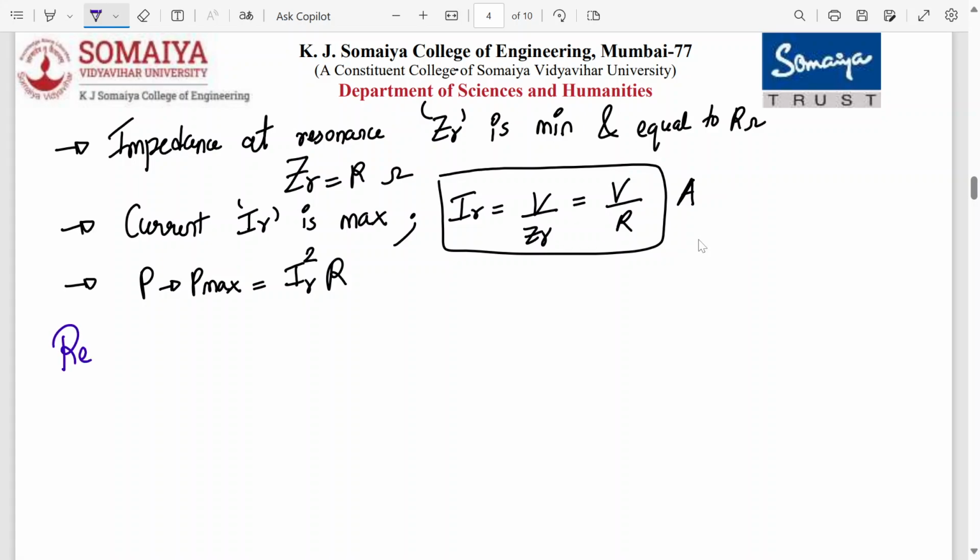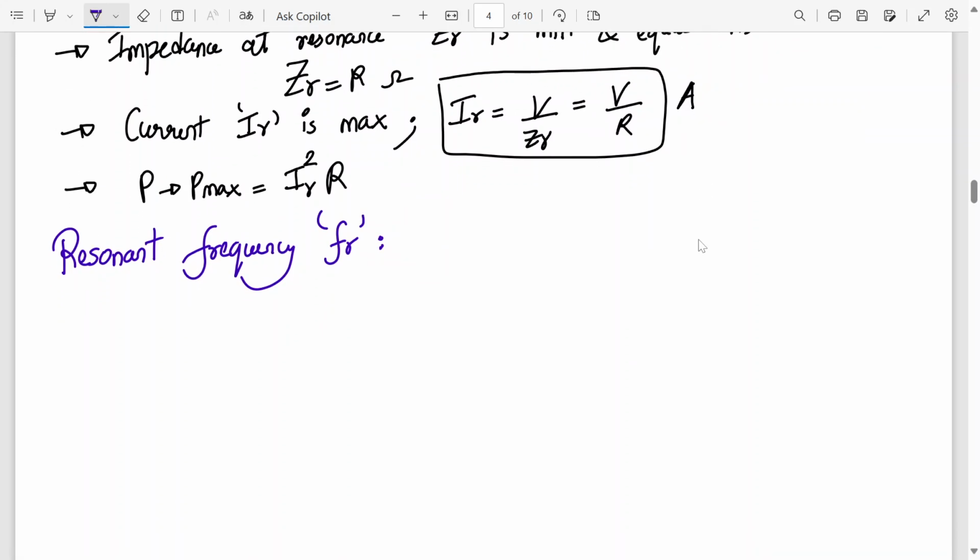Now we'll talk about resonant frequency. What is resonant frequency? Denoted by FR. XL and XC are frequency dependent, right?